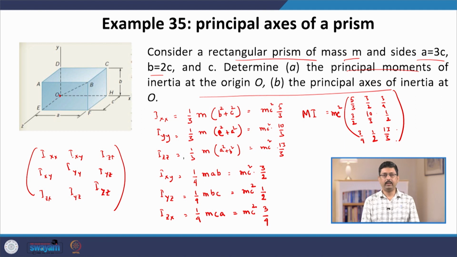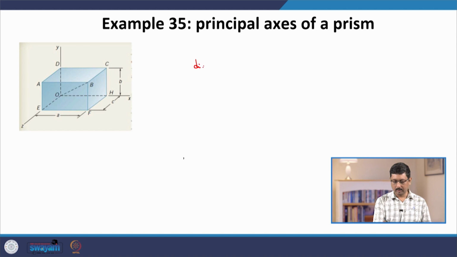So this is the moment of inertia matrix that we have determined in this particular choice of reference frame. The question is to diagonalize this matrix.